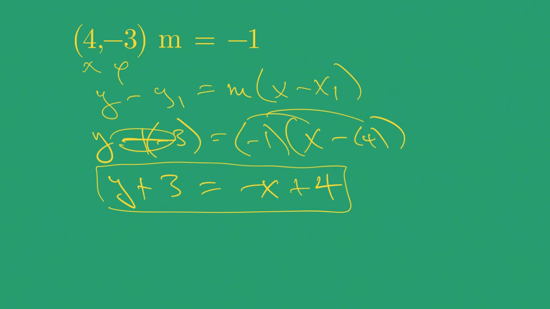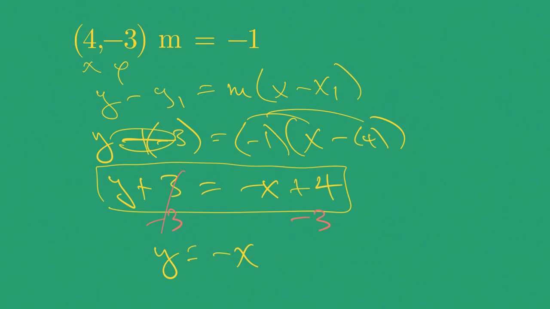Now, if we want to take this to slope-intercept form and solve it for y, what's the one number that needs to move? +3. And how are we going to move it? Let's subtract 3 from both sides. -x.